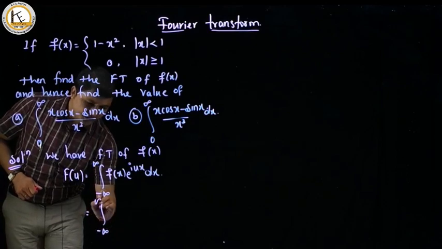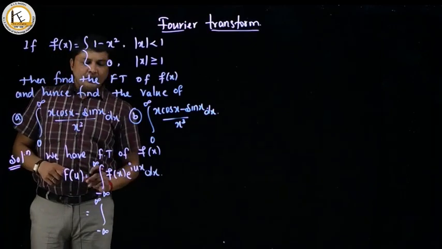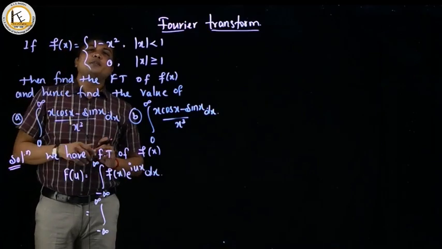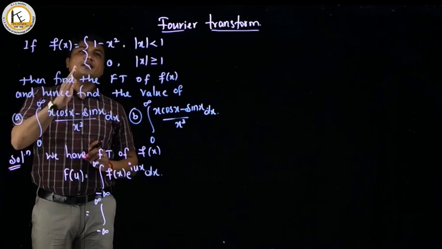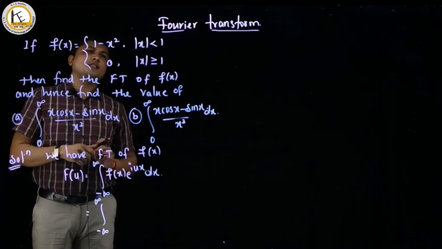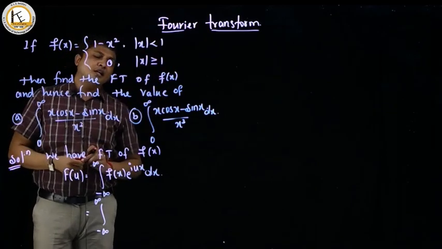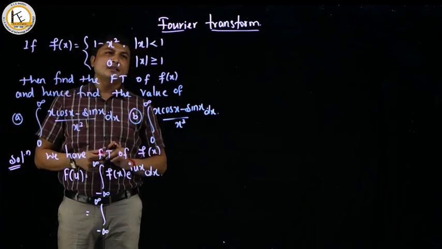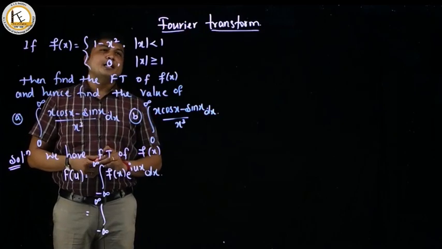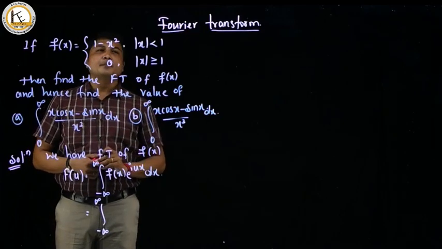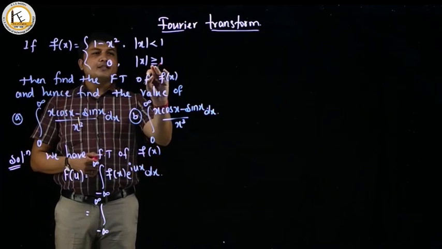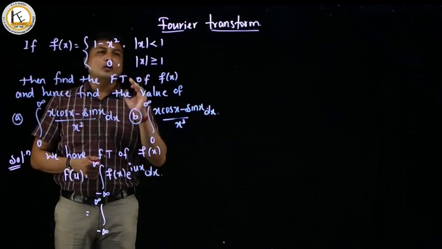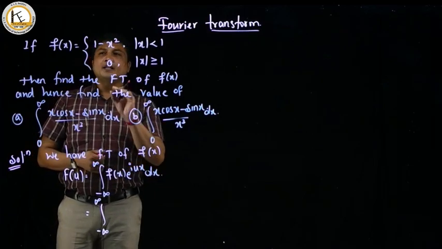Since the function f of x is split into two parts, the first part is obviously 1 minus x square for mod x less than 1, and since we know that mod x less than 1 means x lies between minus 1 and plus 1, and mod x greater than 1 means x lies between 1 to infinity. Okay, it's a simple one.